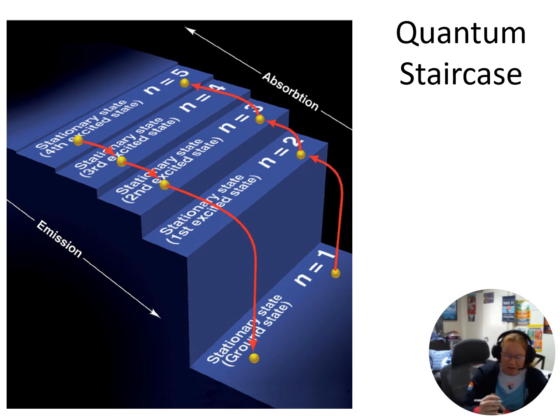So when I go from energy level 1 to energy level 2, that's the biggest transition. Then from 2 to 3, they're closer together. 3 to 4, closer together. 4 to 5, closer together still. So again, it's still like a staircase, but the quantum staircase gives us a better visual for the fact that in an atom, it's not all equidistant. The further we are from the nucleus, the closer together the energy levels are.